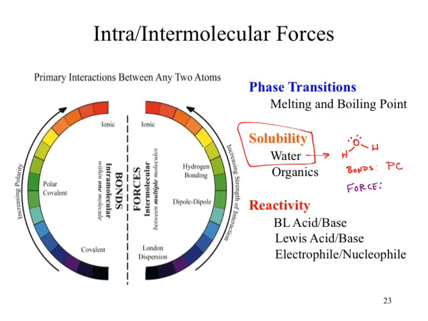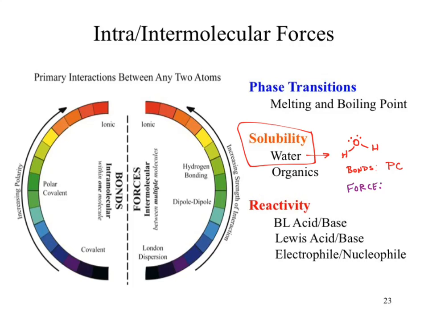From this curve, a polar covalent bond translates directly across, color-wise, into a dipole-dipole force. If you have a dipole-dipole force, then you can evaluate if there's hydrogen bonding, because hydrogen bonding is specifically a type of dipole-dipole. If you do not have a dipole-dipole, you do not have hydrogen bonding, period.